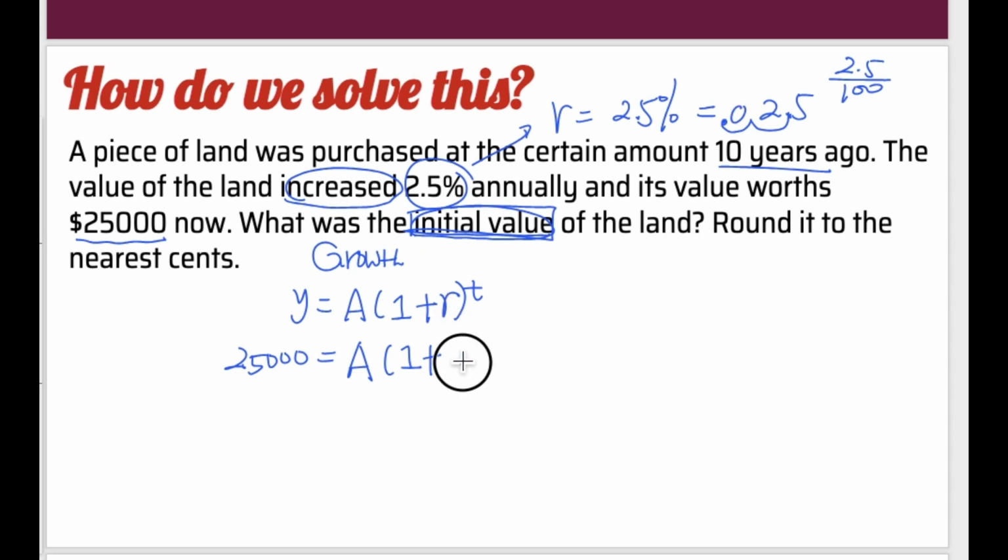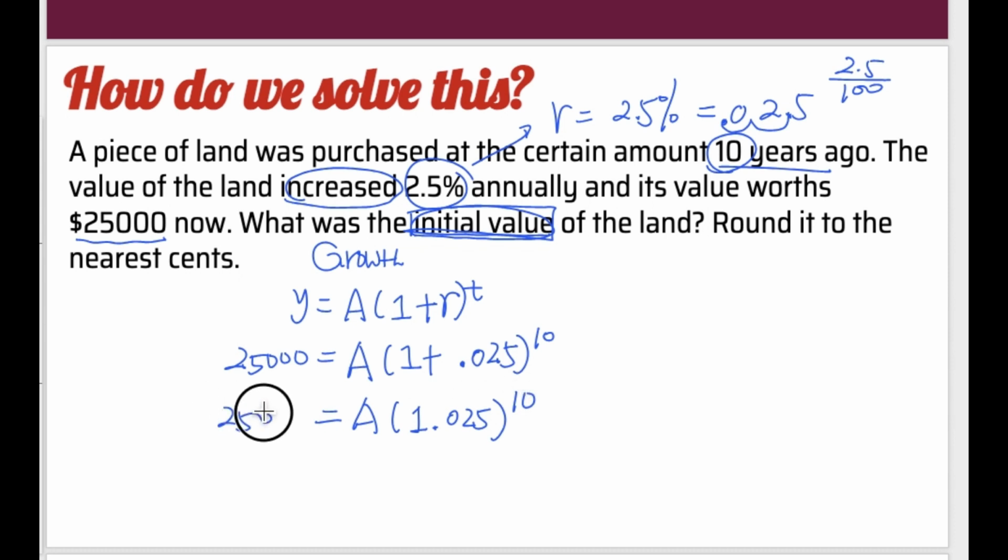So this is 0.025, to the t power, after 10 years, so it's to the 10 power. Let's simplify a little bit: this is 1 plus this, so we add them together and get 1.025 to the 10 power.